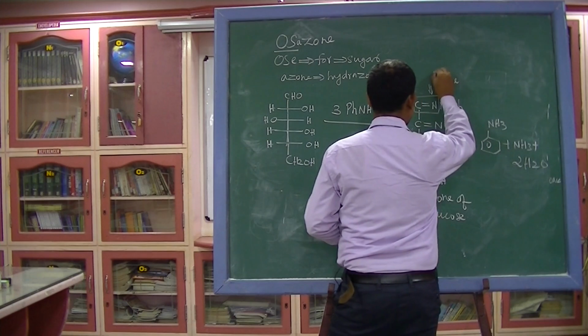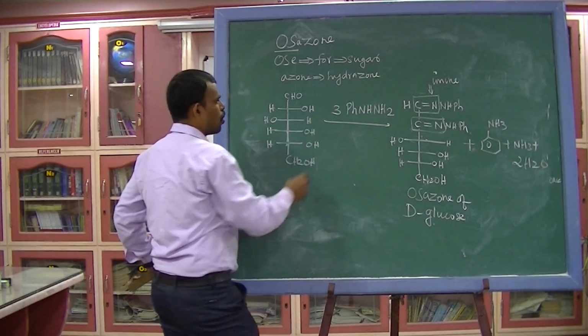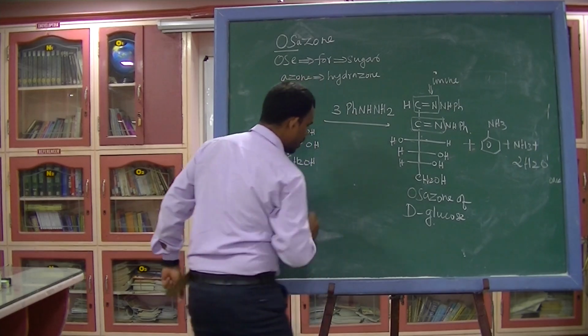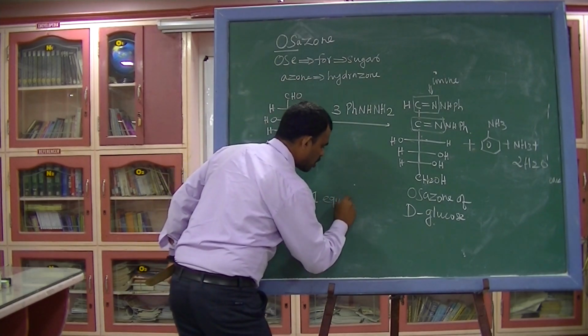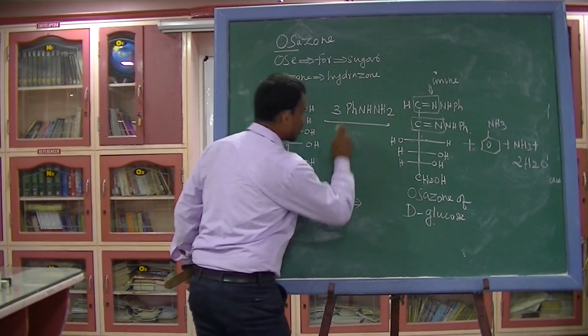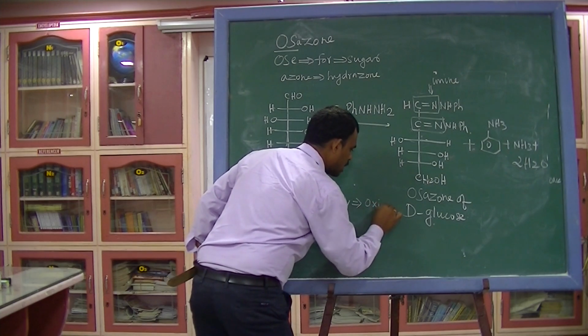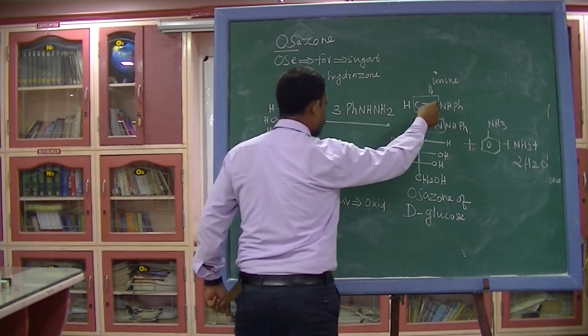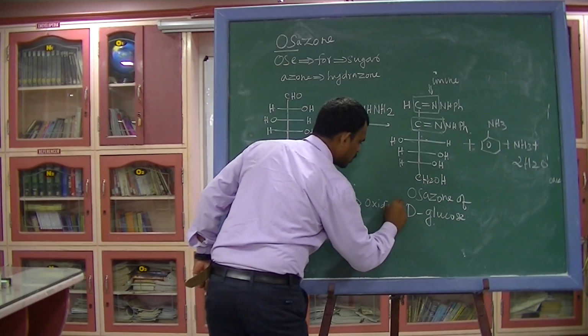Here they have used 3 equivalents. One equivalent of phenylhydrazine will act as an oxidizing agent. The rest, the 2 equivalents, were used for imine formation.